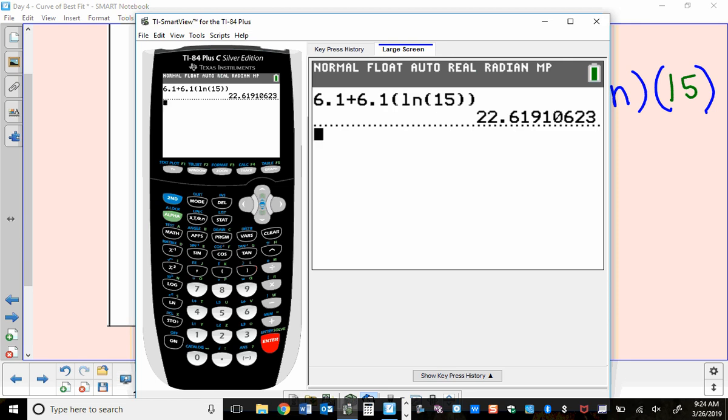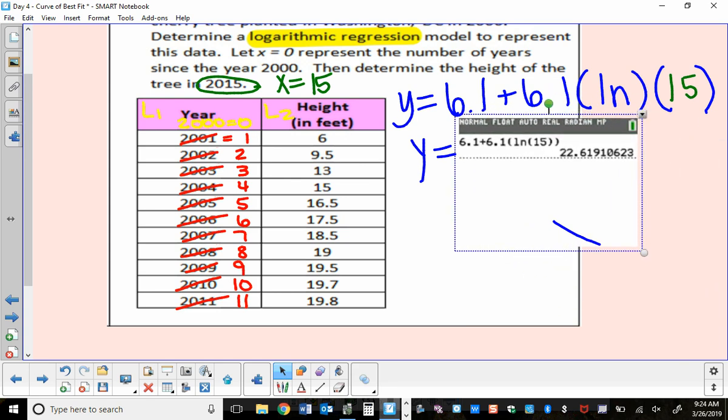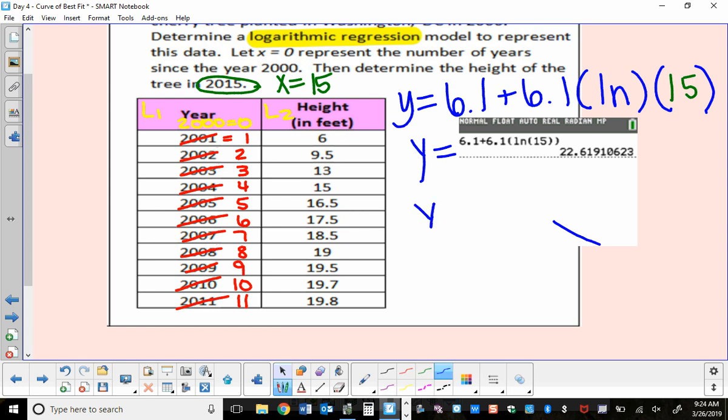And you should get 22 point 6 1. So my y would equal, I'll just round it to 23 feet.